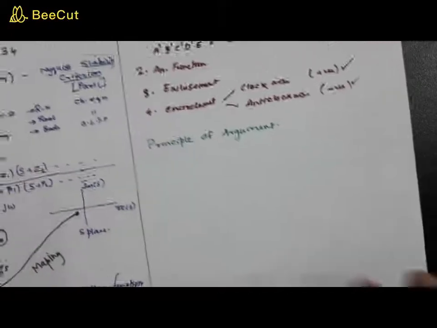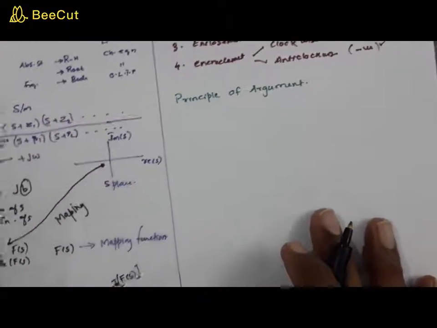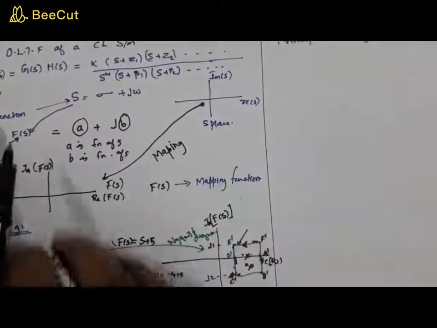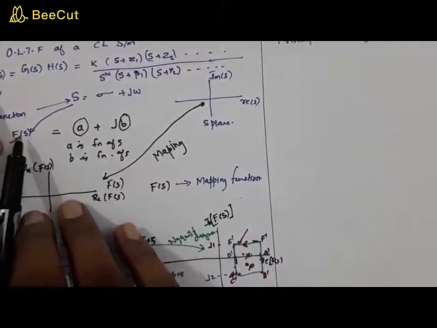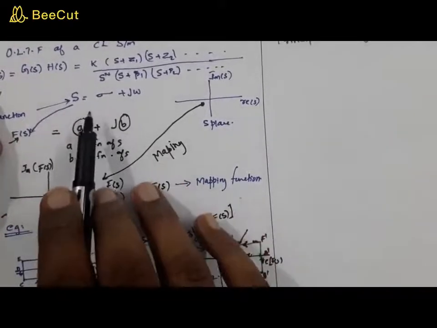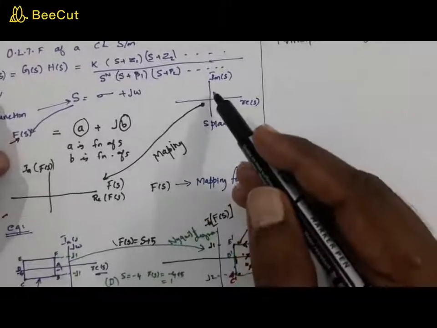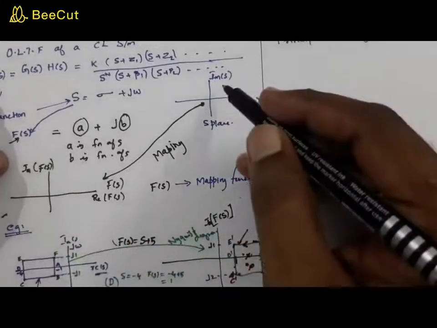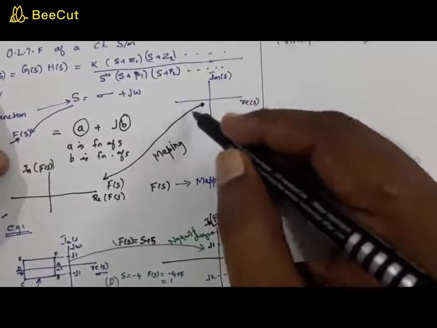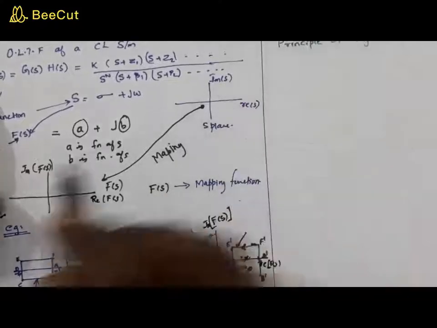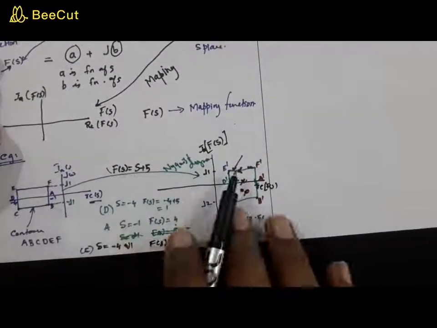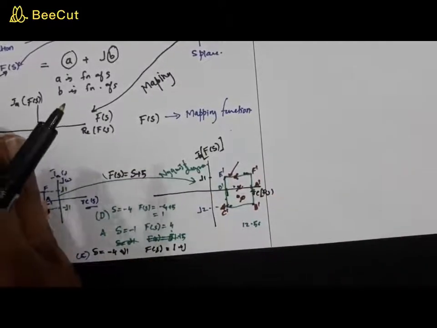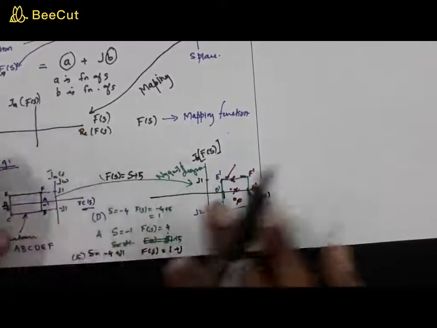Now I'm just having a recap since it's a new topic. We considered a function f of s, and we have a complex point. We can plot this s in f of s. That is basically mapping many of the points in the s plane to f of s, and with an example I have explained this. You're not going to get the exact graph as in the s plane when you map this to f of s.